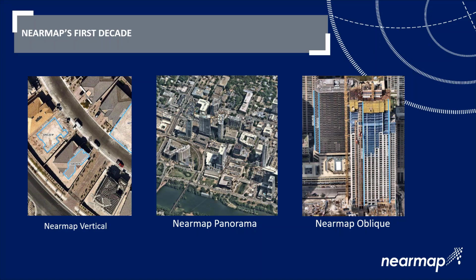Nearmap uses two different types of camera systems to produce our suite of content. The first we call HyperCamera 1, or HC1, which produces a 2.8-inch GSD vertical-only image. That was our first iteration of our camera system. Then we have developed our latest iteration, which we call HyperCamera 2, or HC2, which produces a 2.2-inch GSD vertical and oblique imagery, and we're able to derive three-dimensional content from the oblique camera system.